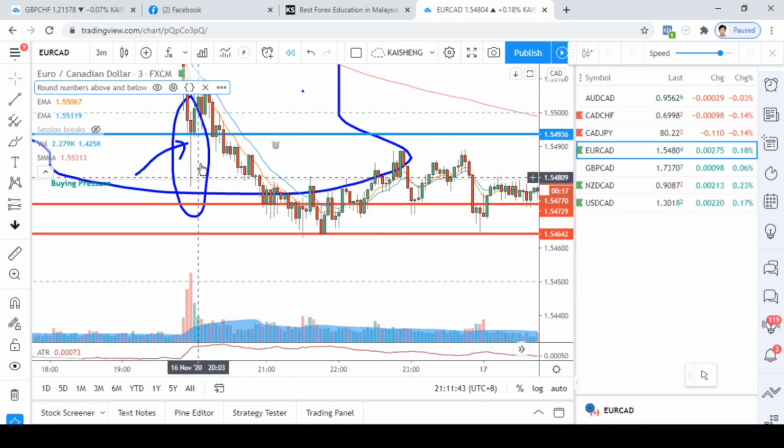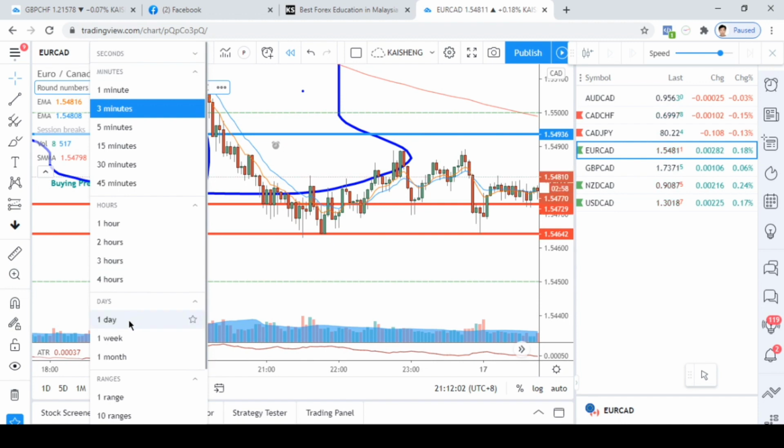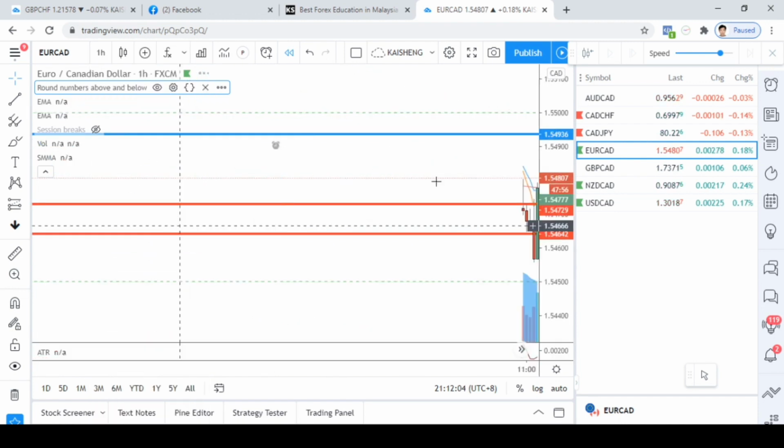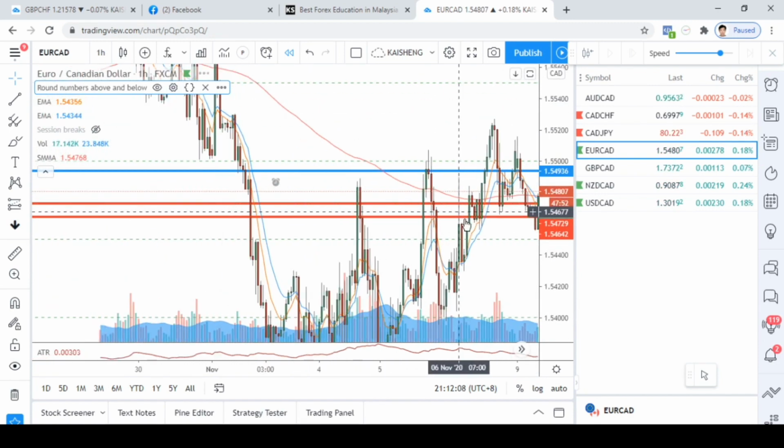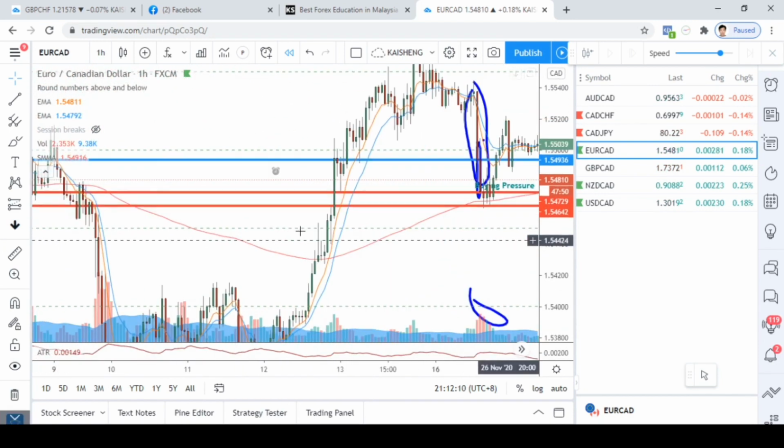You can see that there's a wick over here. This is high volume. Here the buyers want to buy around this level. So we mark the line, this important level. Then we go back to 1 hour. The blue line is our line from just now where we marked.